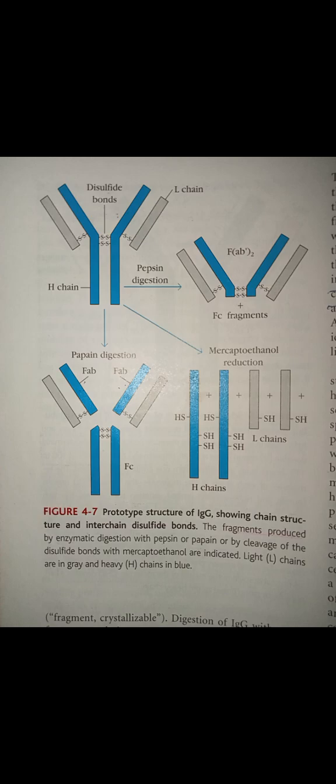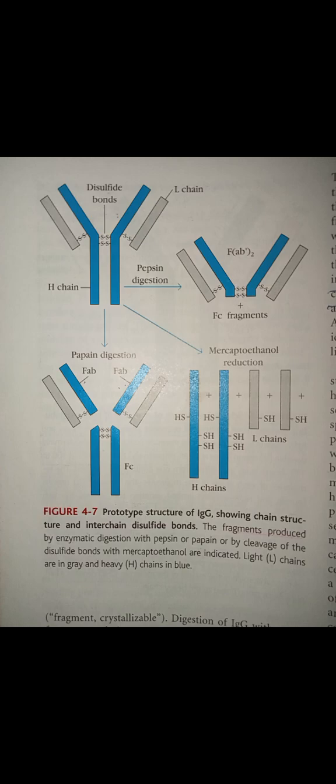If the post-treatment sample is chromatographed on a column that separates molecules by size, it becomes clear that the intact 150,000 Dalton IgG molecule was in fact composed of subunits. So each IgG molecule contains 2 larger polypeptide chains of around 50,000 Dalton designated as heavy chains and 2 smaller chains of about 22,000 Dalton designated as light chains.